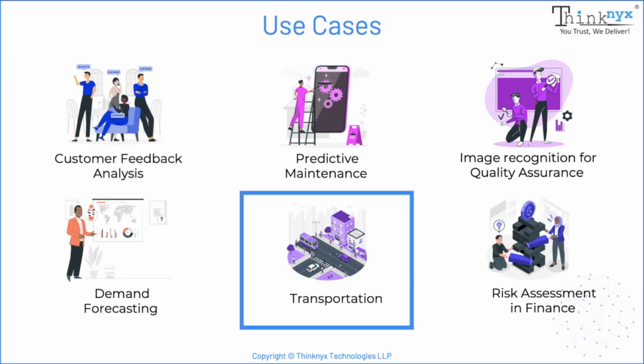Transportation, lots of things are going on, right? Traffic is a big pain in many developed and developing countries. Red lights are programmed for 60 seconds or let's say 90 seconds in each direction.